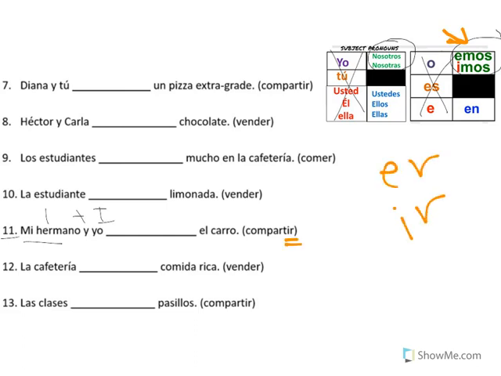It's an IR. So we're going to use the imos ending. So, mi hermano, my brother, and I, and here's that ending, compartimos el carro. My brother and I share the car.